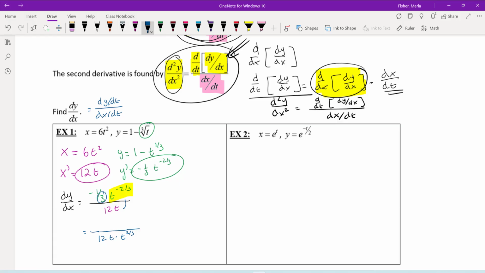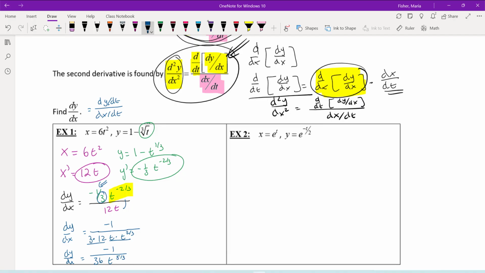And all that's left in the numerator is this negative 1. Therefore, dy/dx is going to equal negative 1 over 3 times 12, which is 36, and then t times t to the 2/3 is t to the 5/3.